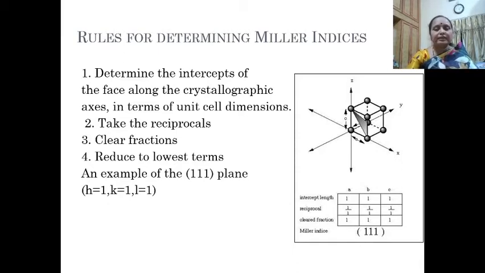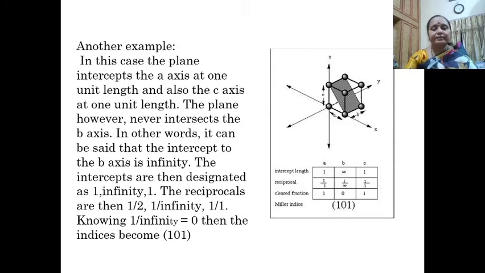Let us go on to consider another example. Here, the intercept made by this unit cell along A is 1 unit, along C is 1 unit, but along B there is no intercept, and it can be taken as infinity. So the intercept length along A is 1 unit, along B it is infinity, and along C it is 1 unit.